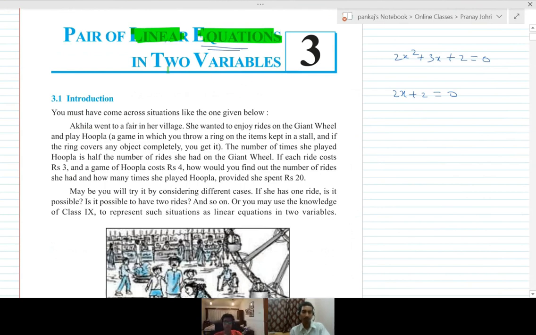What is two variables? It will be 2x plus y is equal to 0. This has two variables. Is it linear? Yeah. Is it equation? Yeah.